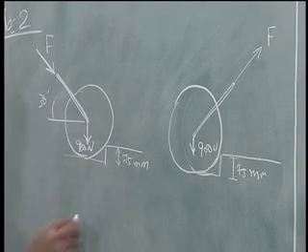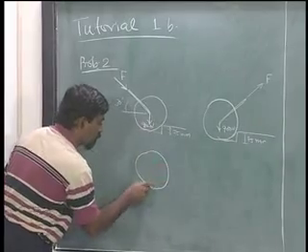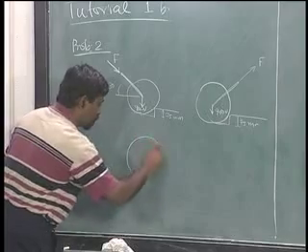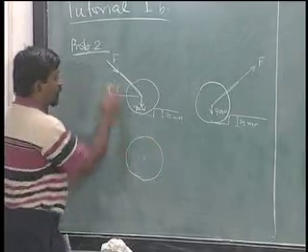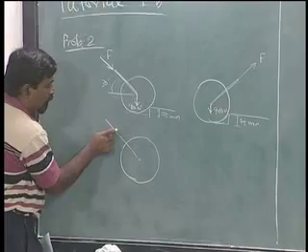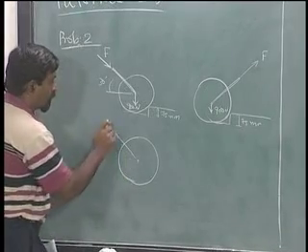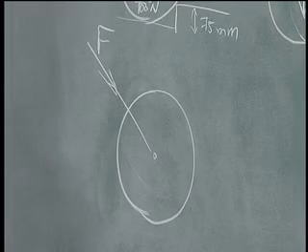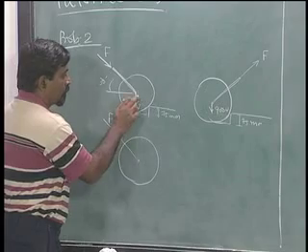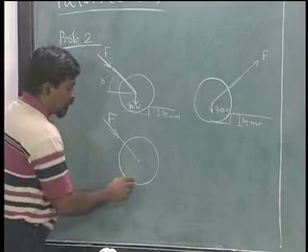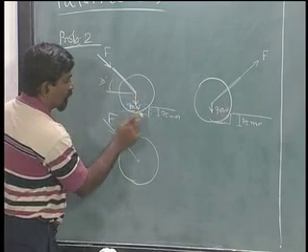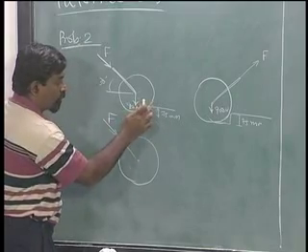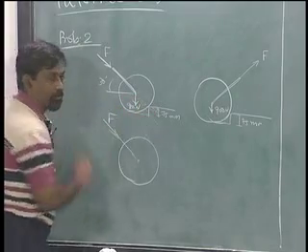In this particular case, let us draw the free body diagram. There is a force acting towards the center of this equal to F. Let us assume that the force is passing like this, either it has to pass through before this point of contact or beyond this point of contact.